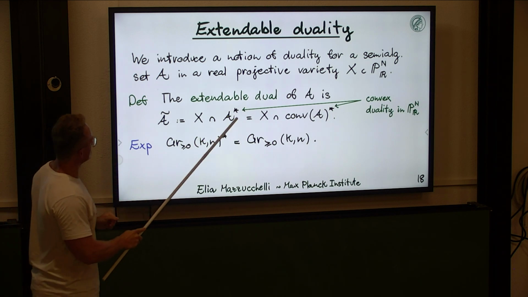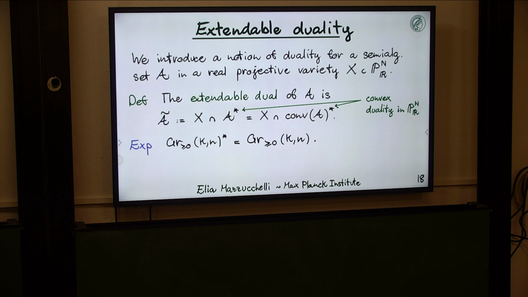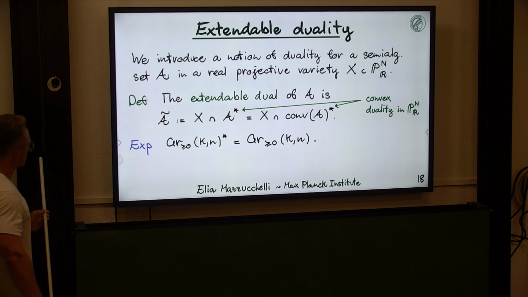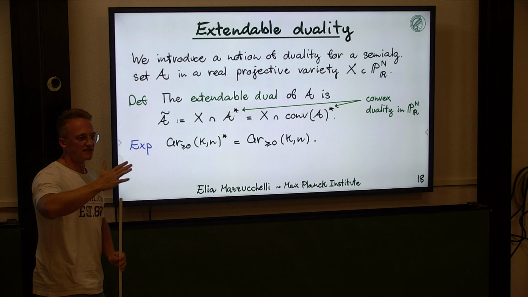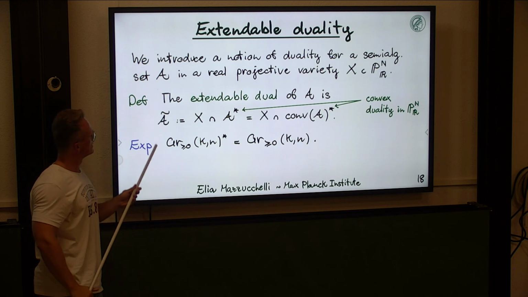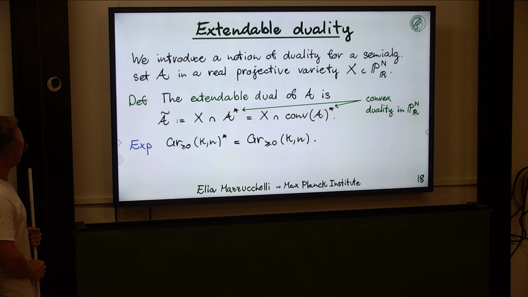So these duality symbols are really just the convex dualities in the real projective space. By this I mean you take an affine chart, you do this as usual in R^n, and then it has been shown that it's independent of the affine chart you choose, up to the fact that your hyperplane cannot intersect the semi-algebraic set.